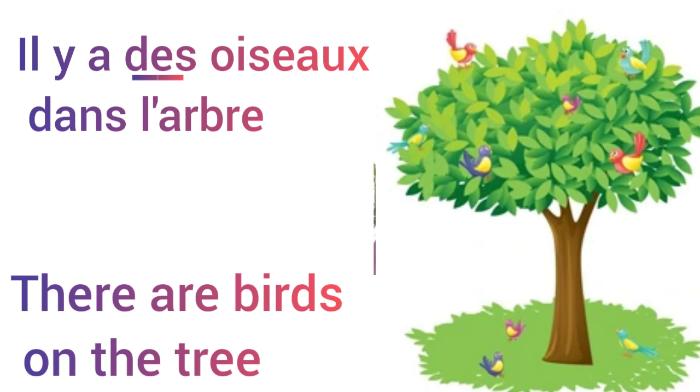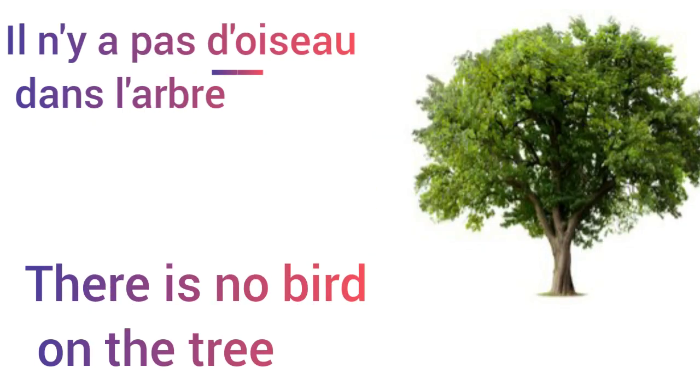How will it be when you use it in a negative sentence? Il n'y a pas d'oiseaux dans l'arbre. Here you use d' because the noun, oiseau, starts with the vowel O, right? So now it becomes d'oiseaux, okay?